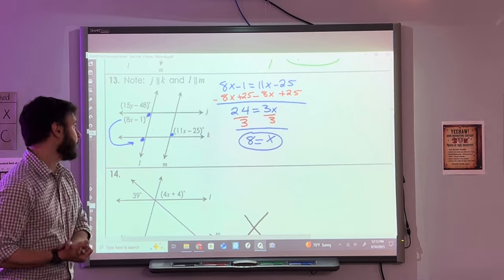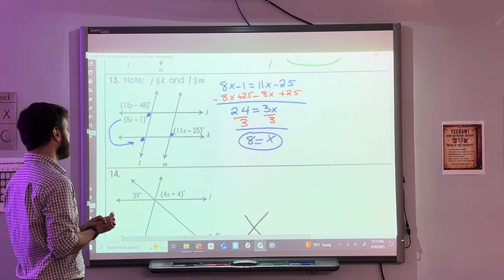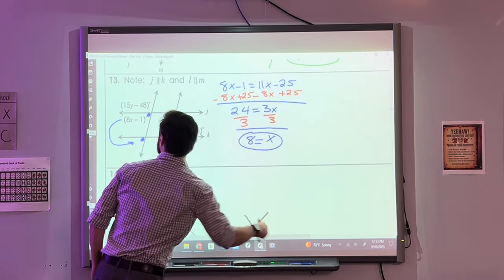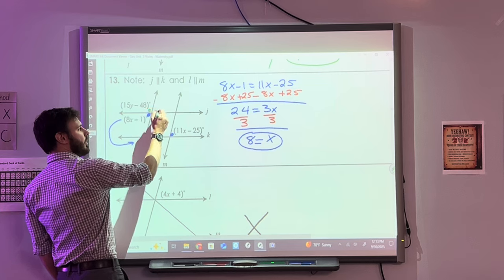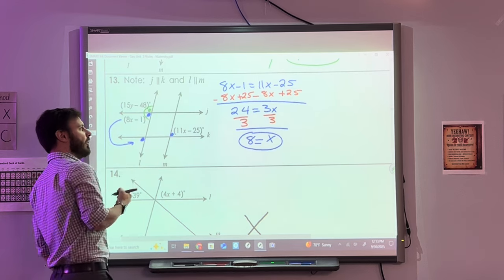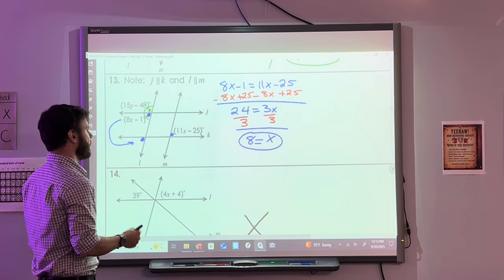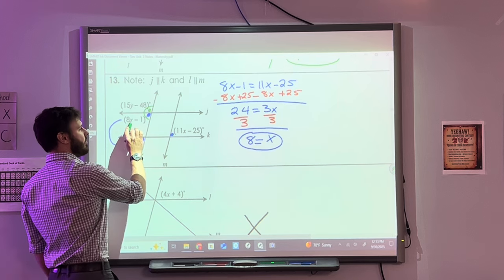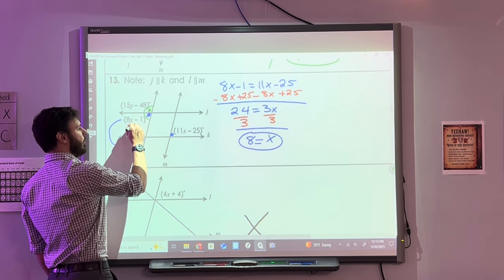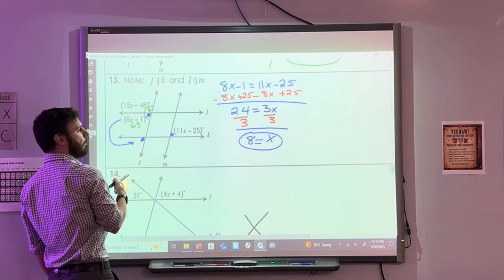So that gets us x. We have to solve for y. This is really convenient that these ones keep making straight lines. All right, let's figure out if x is 8, 8 times 8 is 64, 64 take away 1, 63.